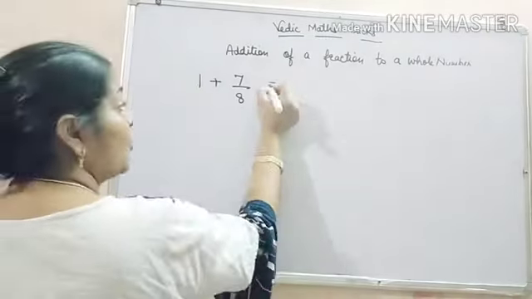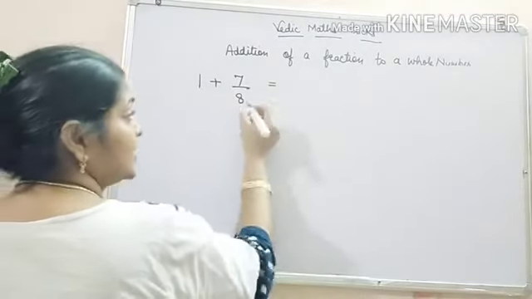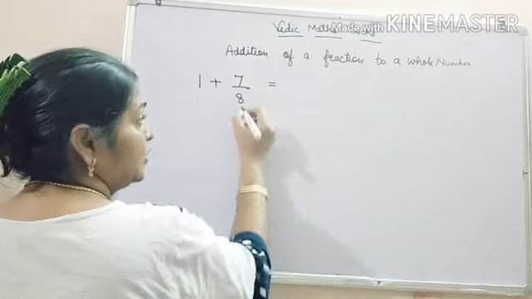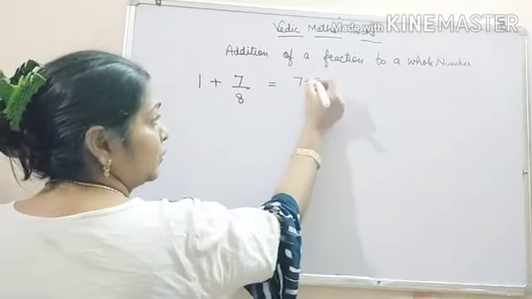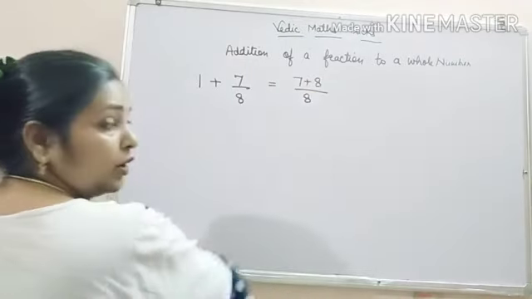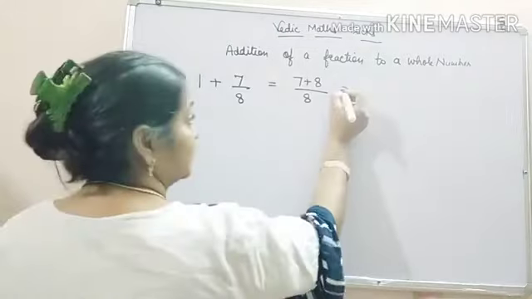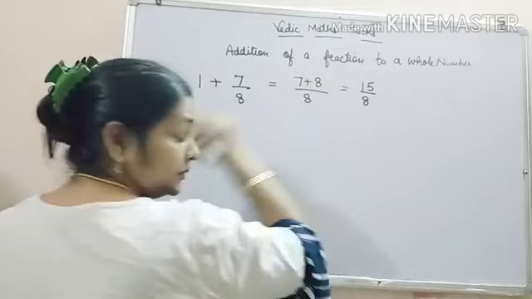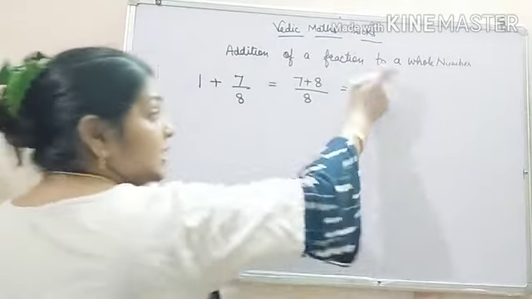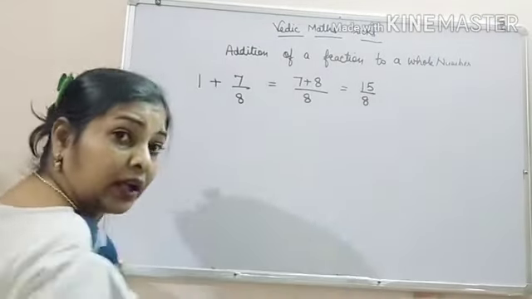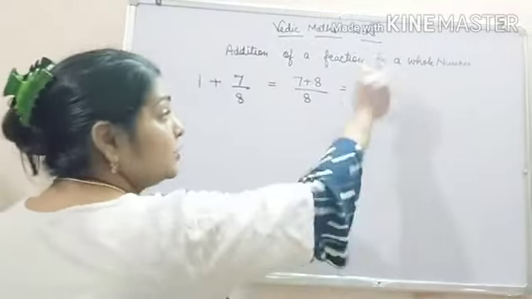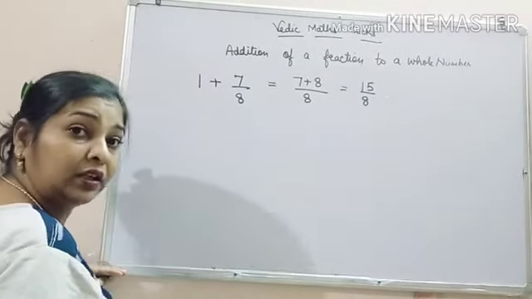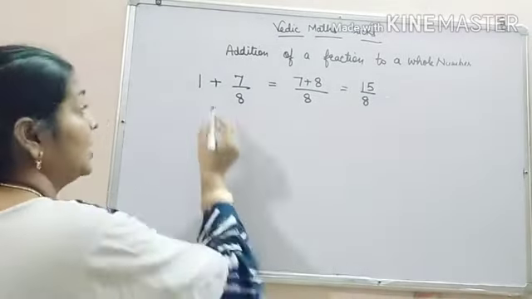So the formula for it is that we have to add numerator and denominator, and the denominator remains the same. 7 plus 8, 15 by 8. Okay, now it is an improper fraction and you need to convert it into a mixed fraction.